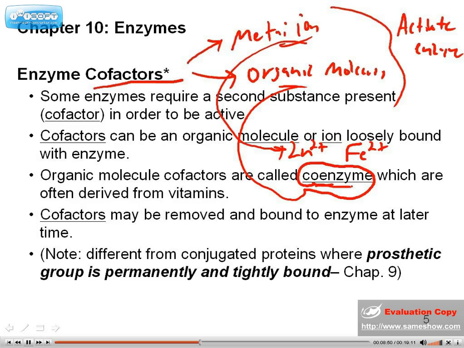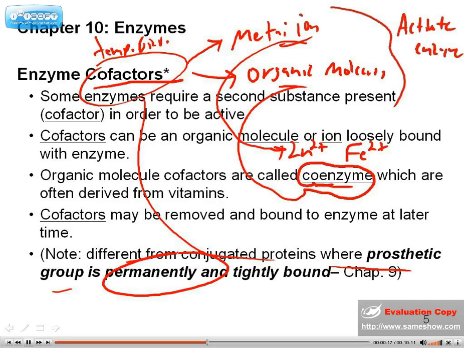These cofactors can temporarily bind to an enzyme, making it active. On the other hand, it can leave the enzyme, making it inactive. So it's one way we can control it. Please do not confuse this with prosthetic groups, such as metalloproteins or lipoproteins, whereas prosthetic groups, those other biomolecules, are permanently attached.